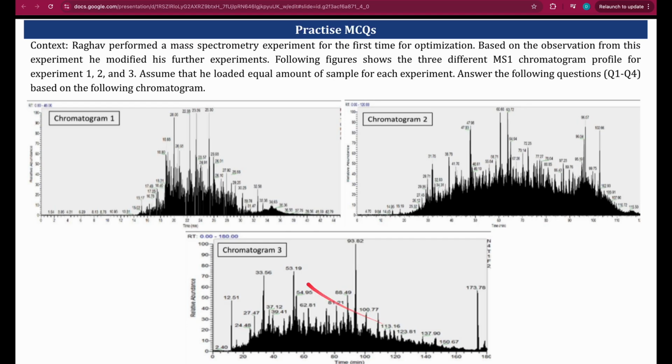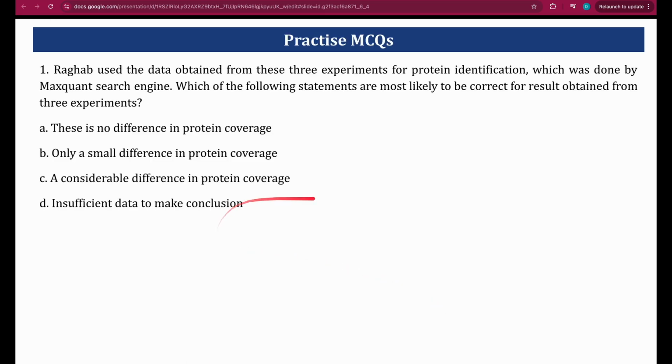Okay, so we can see that elution time is quite variable among all of them, and the intensity values or abundance are also variable, which suggests that there is a difference in the protein coverage among these.